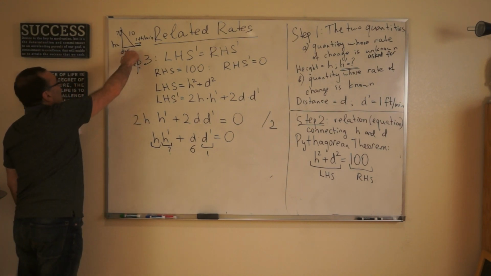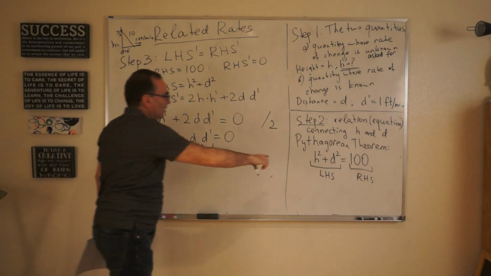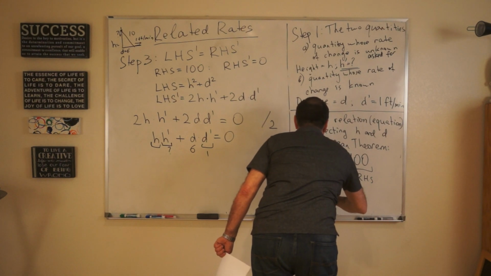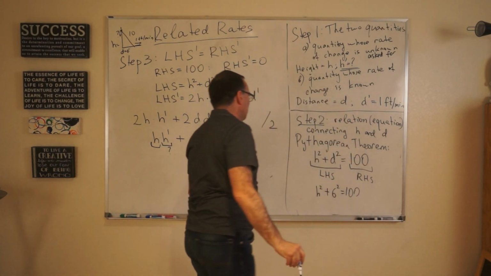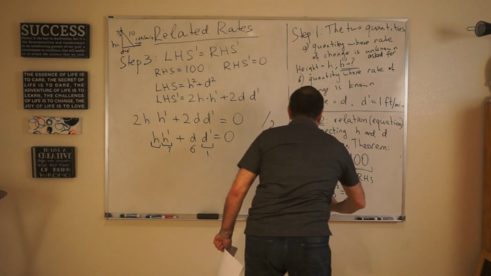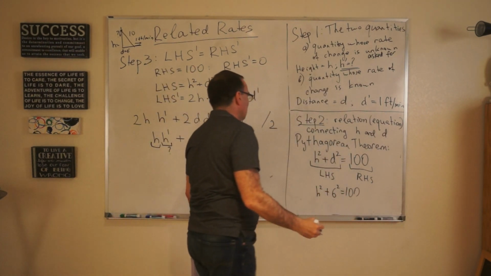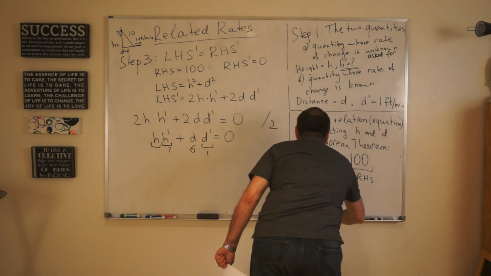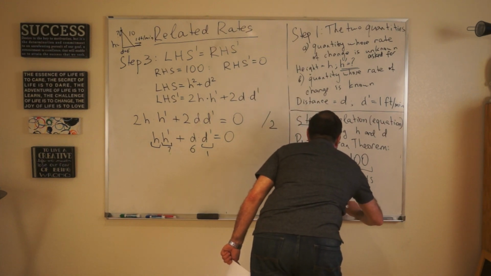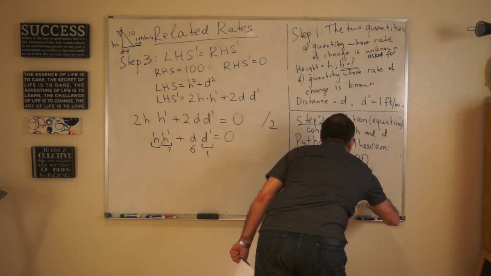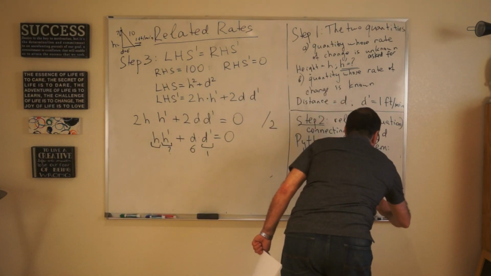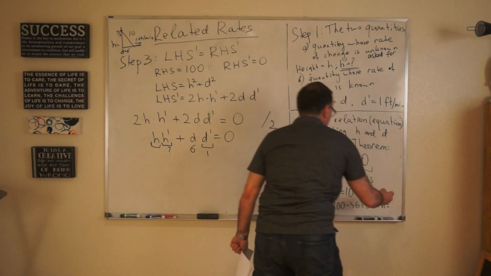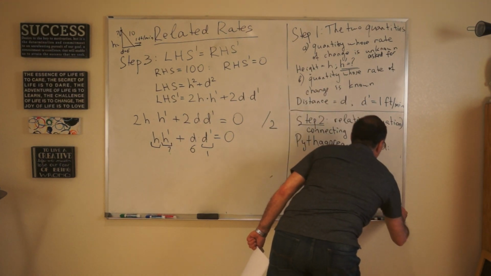So we plug in d equals 6, and we get h squared plus 6 squared equals 100, and that will allow us to solve for h. 6 squared is 36, so h squared equals 100 minus 36, which is 64, and therefore h equals the square root of 64, which is 8.